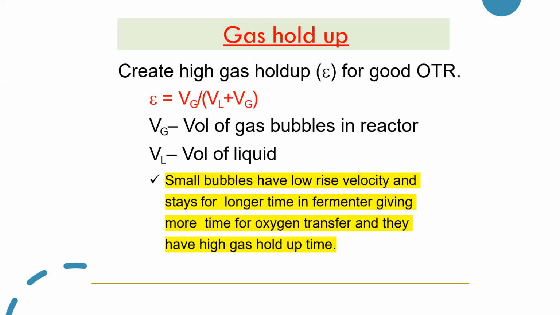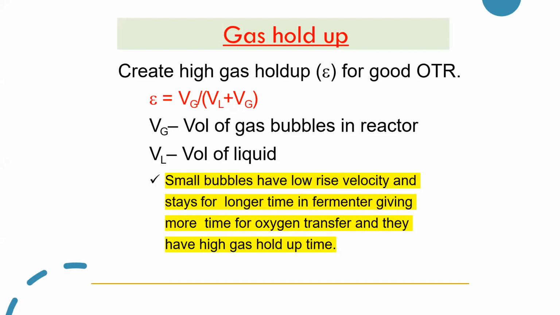Similarly, larger bubbles have high rise velocity. So due to high rise velocities, larger bubbles will leave the fermenter very early. So when you calculate the gas holdup in a bioreactor having larger size air bubbles, the gas holdup will come lesser because larger bubbles have stayed for a very short time in the reactor.